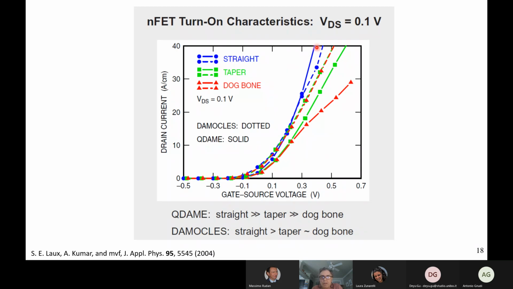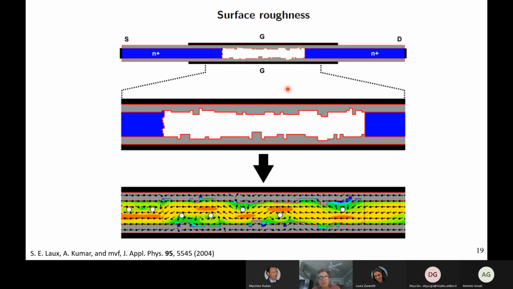And indeed, you see the currents. The straight case scenario gives you a better current. If you look instead at what happens classically, which is a Monte Carlo simulation, you get sort of an opposite behavior. More interesting is once you go to this sort of simulation to add surface scattering.